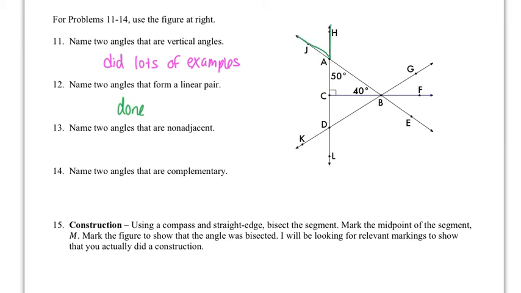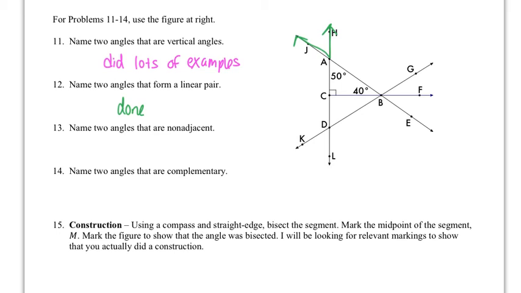So JAH has JAC as an adjacent angle, and HAB is an adjacent angle. Since we went non-adjacent, you can name any angle besides this one and that one, or over here, or over here. Tons of different angles, as long as they don't share a vertex and they don't share a side.